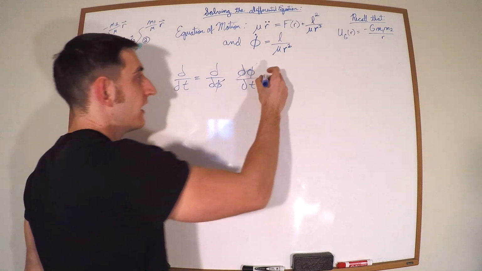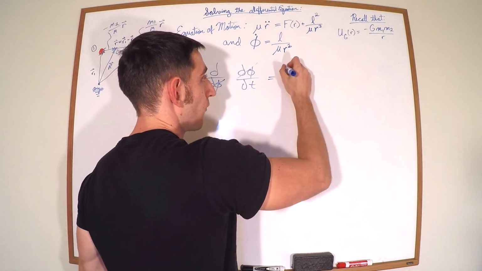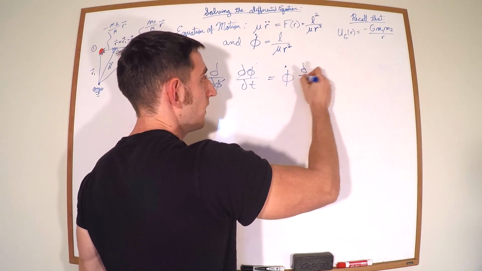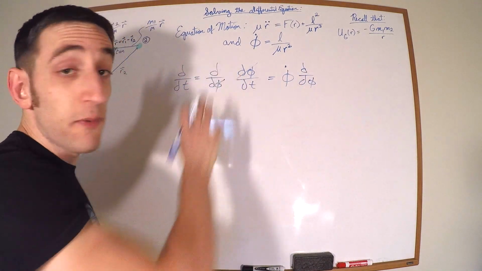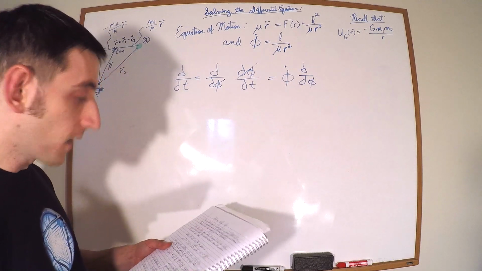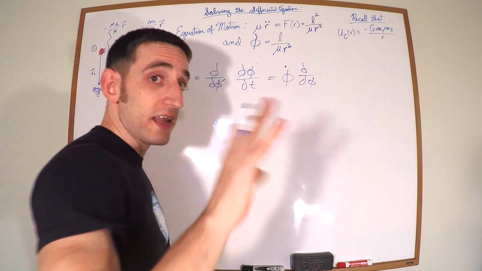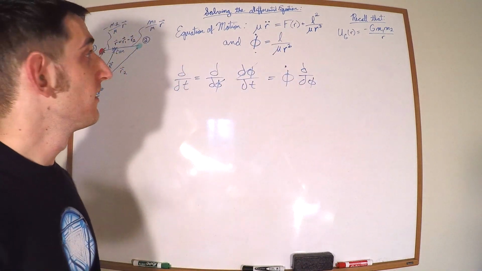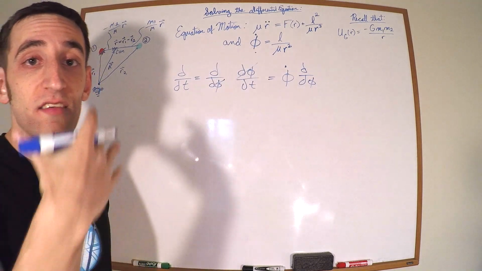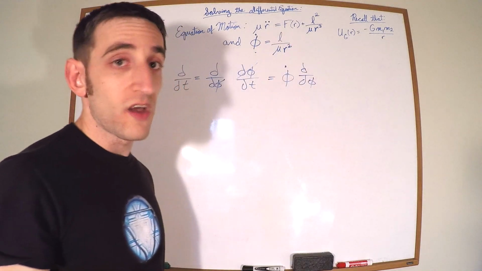So let's work a bit with this and see what happens. Well, this guy is basically phi dot. So we could take that, throw it out in the front, and carry along this d/dphi just to keep ourselves organized. So it comes along for the ride, and we found earlier in this course that this guy, phi dot, is described in terms of the constant angular momentum L, those constant terms.